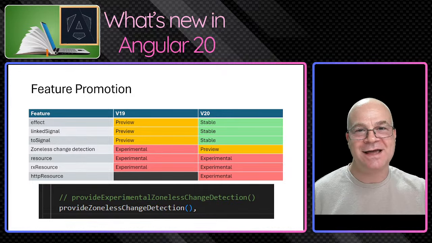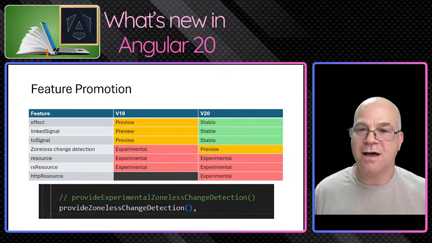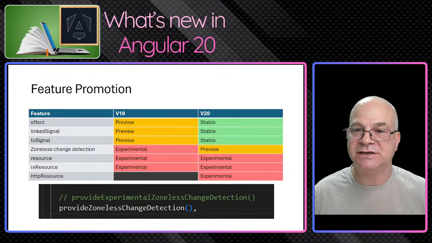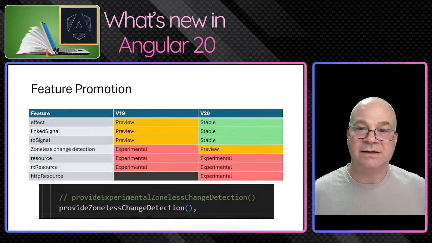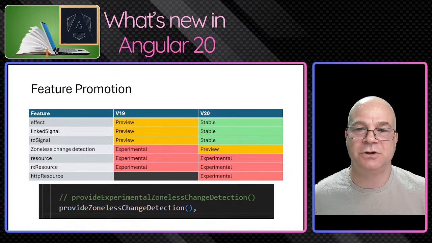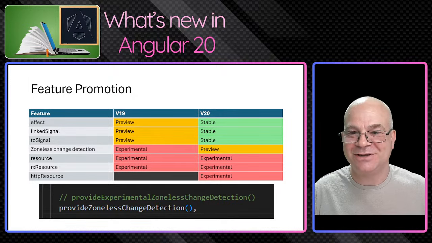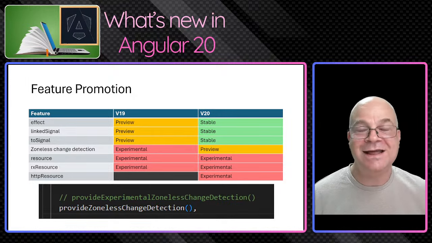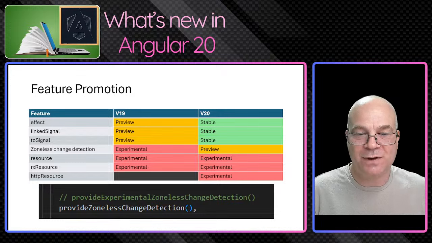It just means that the feature is not stable yet. It can change. The RFC is open for interpretations and changes. And as we'll see later on, the APIs themselves have changed, not dramatically, but a little bit. So if you started to develop your applications using the resource APIs in Angular 19, now you have to make some minor changes in order to migrate to Angular 20.